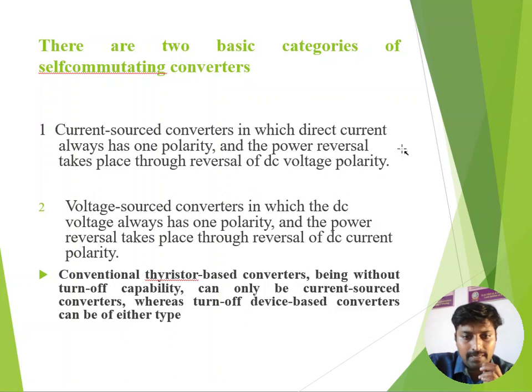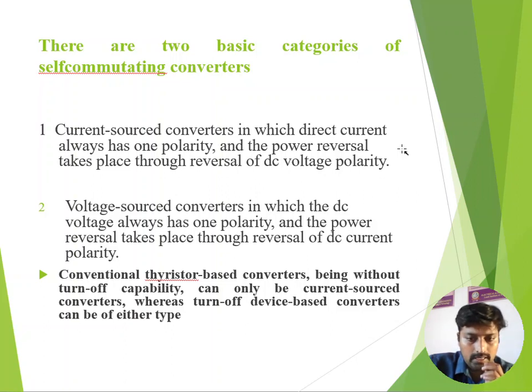So a conventional thyristor based converter, being without turn off capability, can only be a current source converter, whereas turn off device based converters can be of either type. That means thyristors are always used for current source converters. If you use turn off devices like GTO, the GTO based bridges can be used for both current source converters as well as voltage source converters.